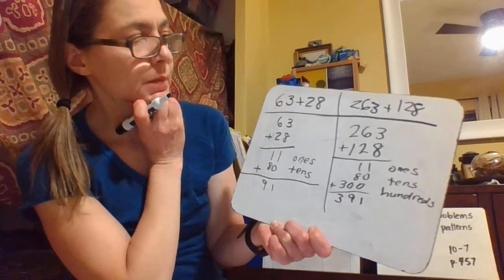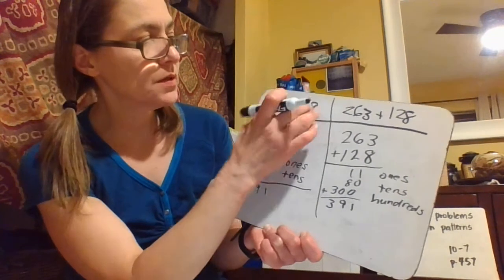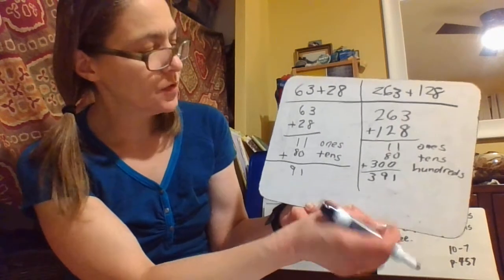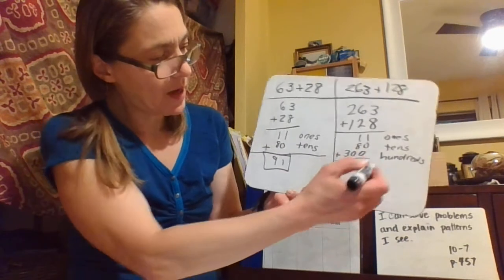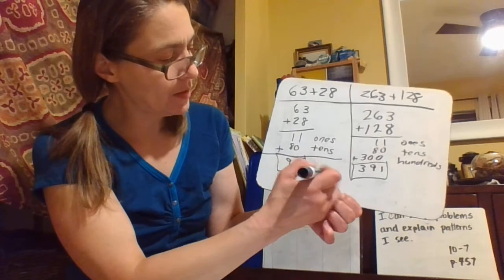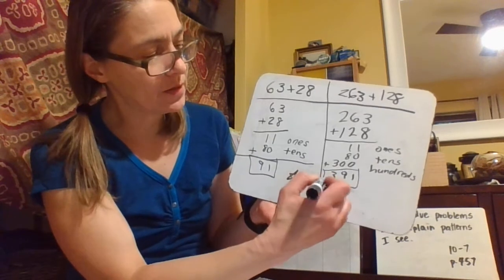But there are some similarities: the ones are similar, and the tens are similar. So ask yourself, how can knowing this help us solve that? How can knowing how to solve the 2-digit problem lead us to this answer?